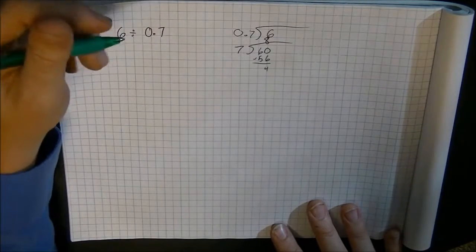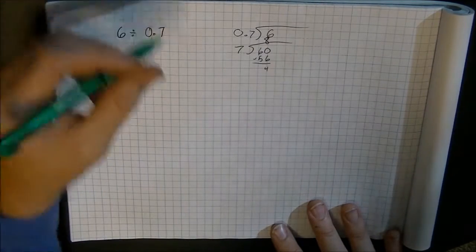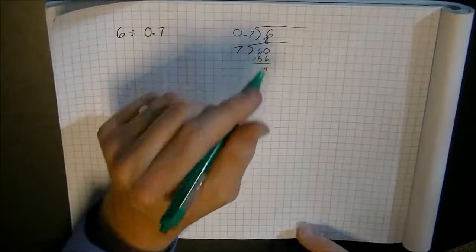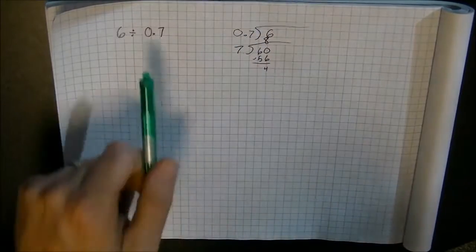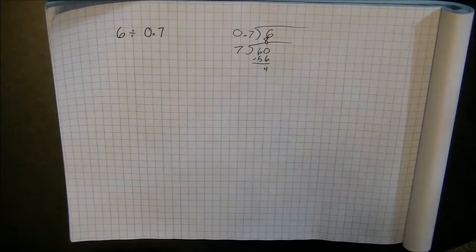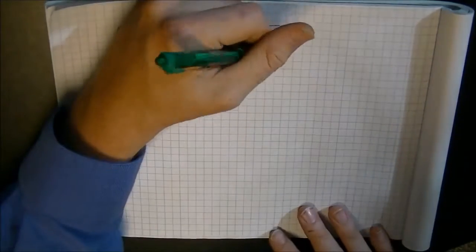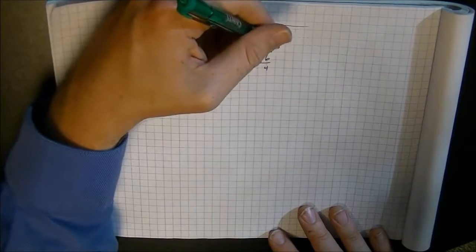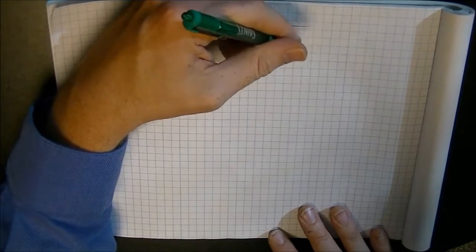So I could, at this point, say something about a remainder of 4/7, but that doesn't really make sense. When I have a decimal in my question, I should probably answer with a decimal. So let's keep going. What I can do is say this is 60.00000.